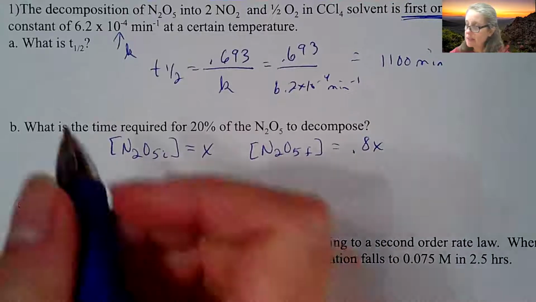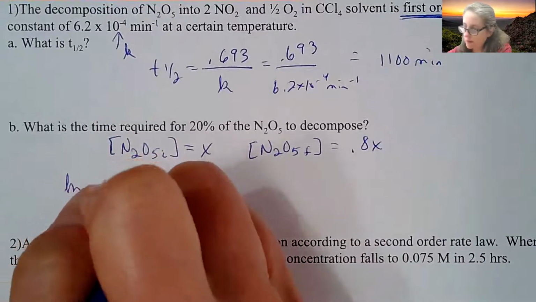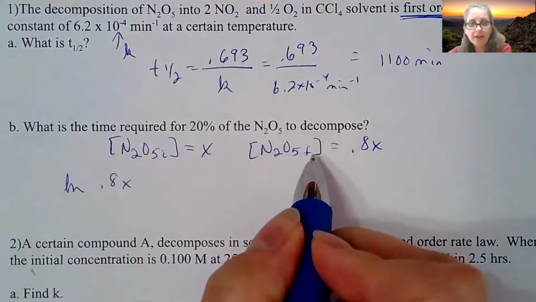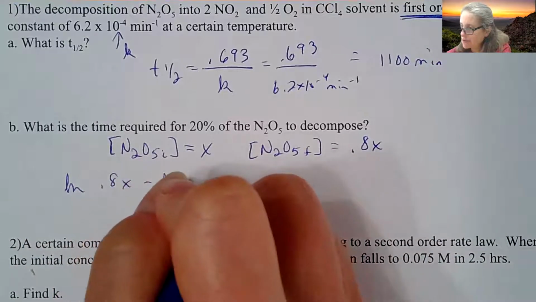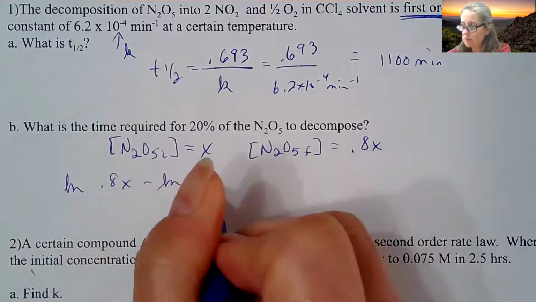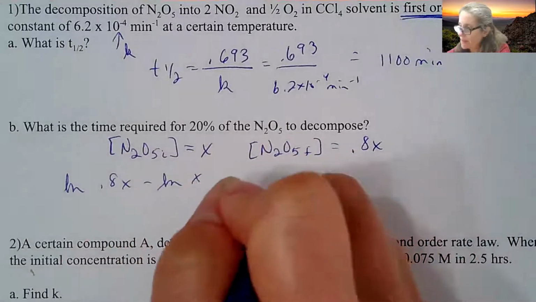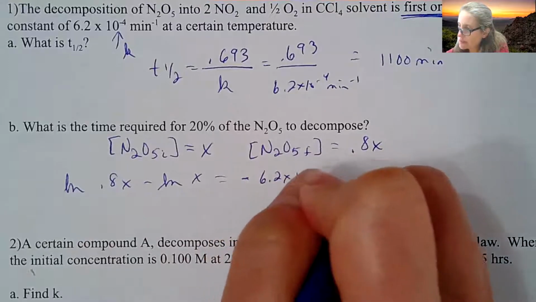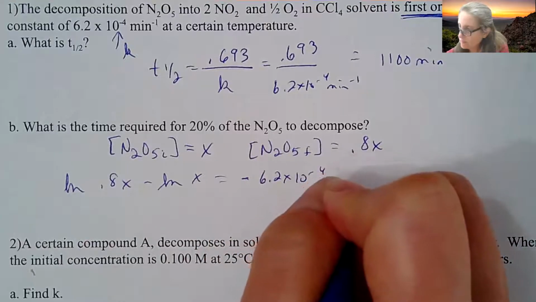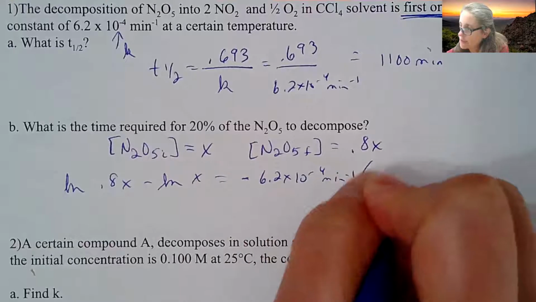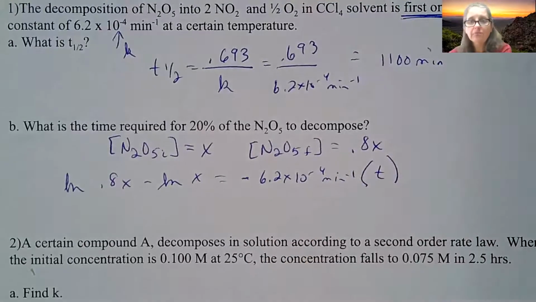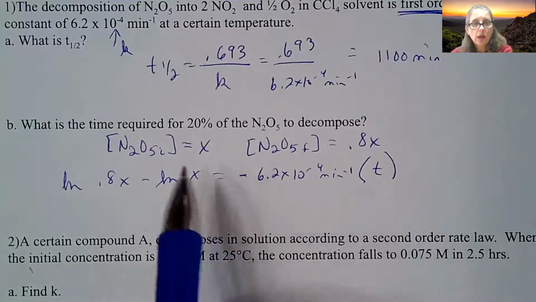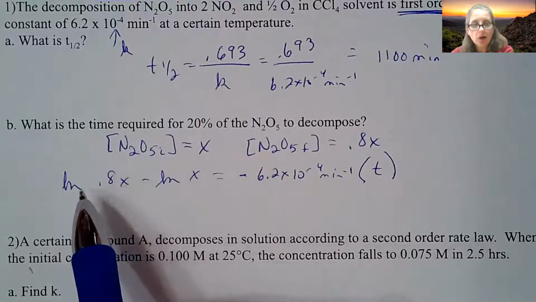So I can take the natural log of 0.8X, which is my final concentration, minus the natural log of X, which is my initial concentration, equal to negative K, which is 6.2 times 10 to the -4th inverse minutes, times my time. Do you remember your logs?